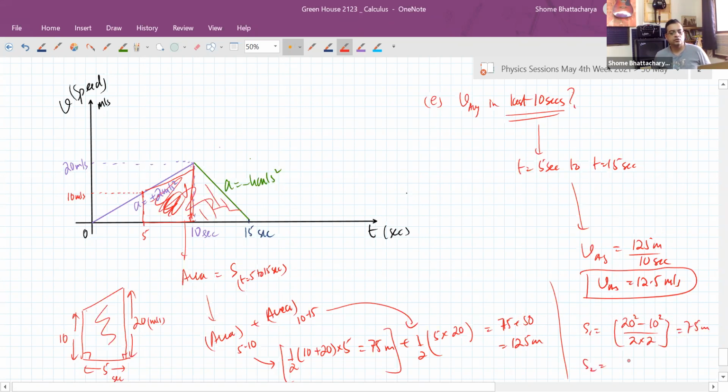And S2 would be equal to 0 square minus 20 square divided by 2 into minus 4, so that is 50. This is the formula based method for calculating distance, where this distance corresponds to this area, and this distance corresponds to this area.